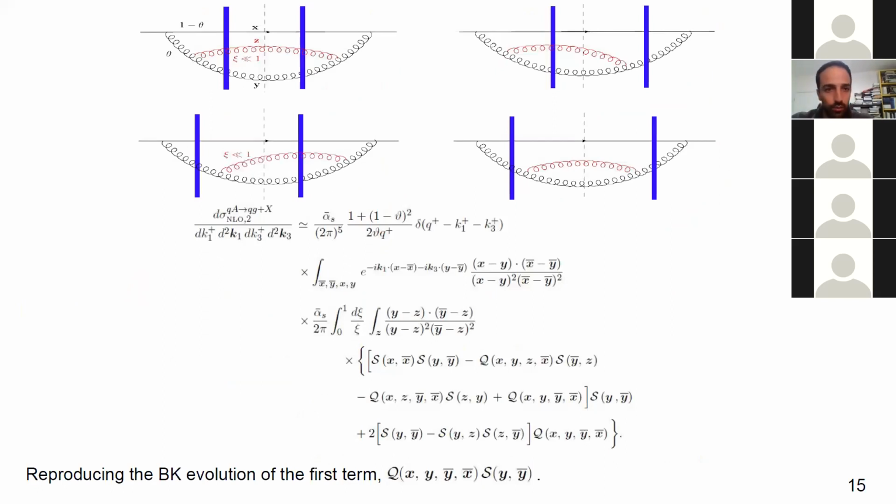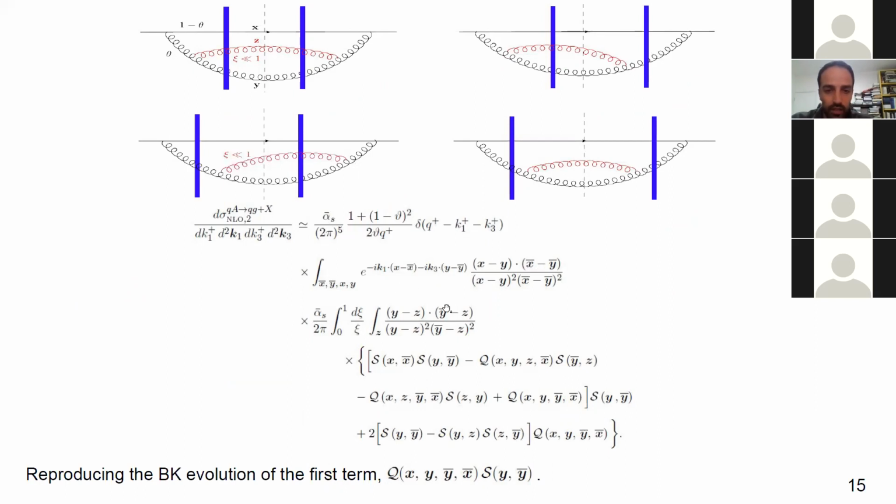I can give you another good example of what we found by taking the soft limit. Here is a different set of diagrams where we checked the eikonal limit. And we again saw that the first two lines are again part of the leading order result for dijets.